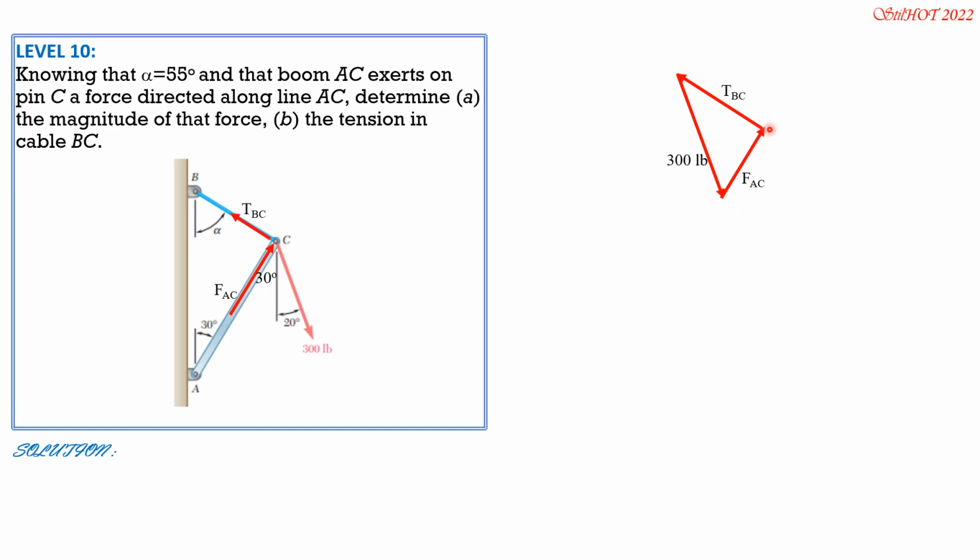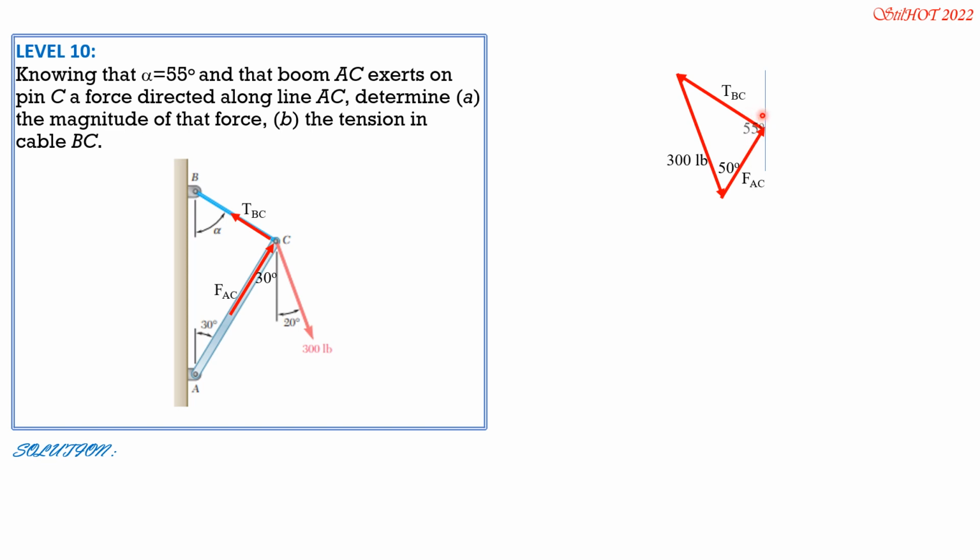Then from the tip of F sub AC we connect tension BC, which makes an angle with the vertical of alpha, 55 degrees.